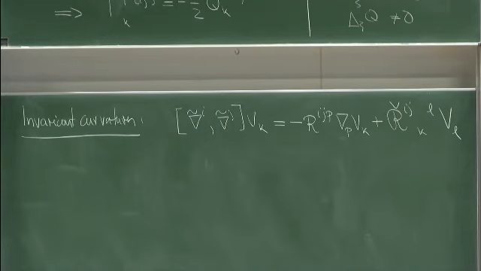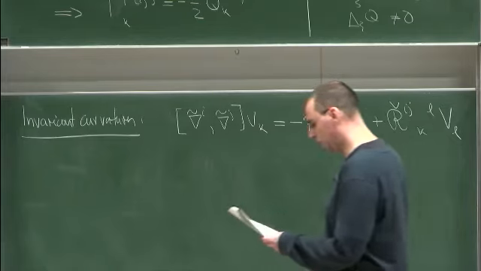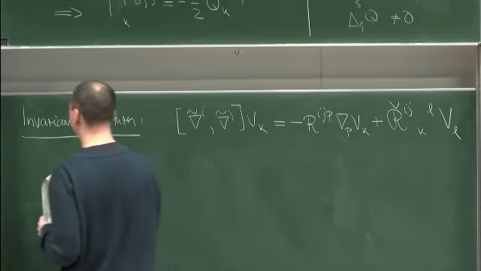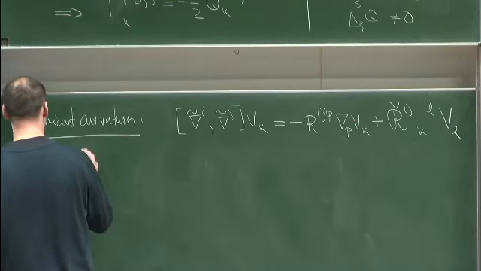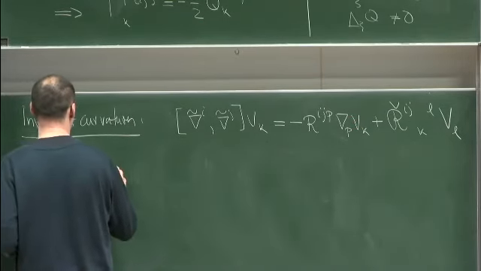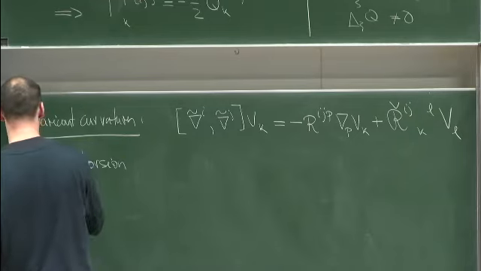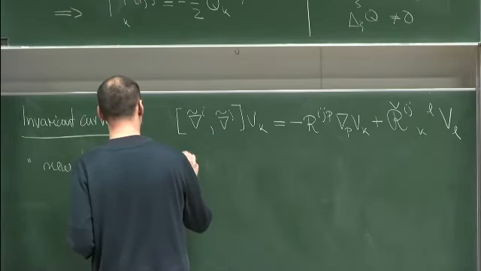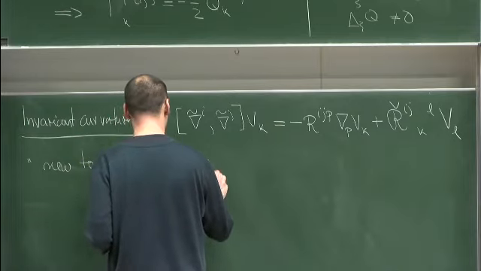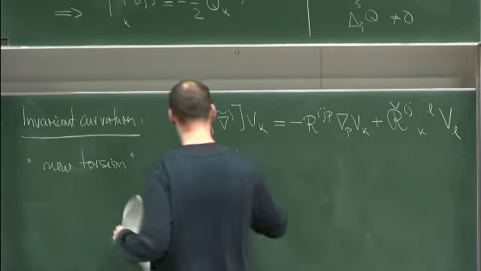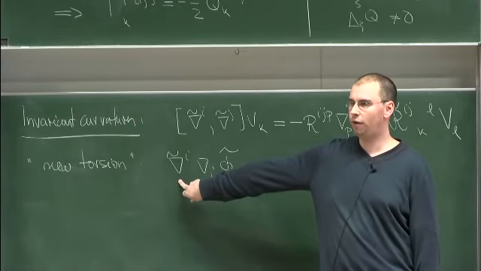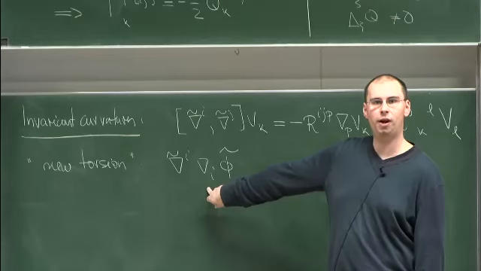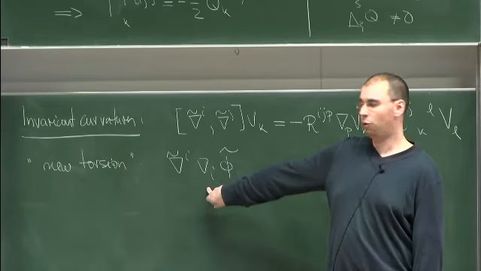But the interesting thing is you can now also do something which you cannot do in the standard formalism, namely you can define a new type of torsion. So I told you before, what we usually call torsion does not have tensor character, but there's something new. Now, if you consider this combination nabla i phi tilde, so you can construct this new covariant derivative, this is the standard covariant derivative, which we always have.